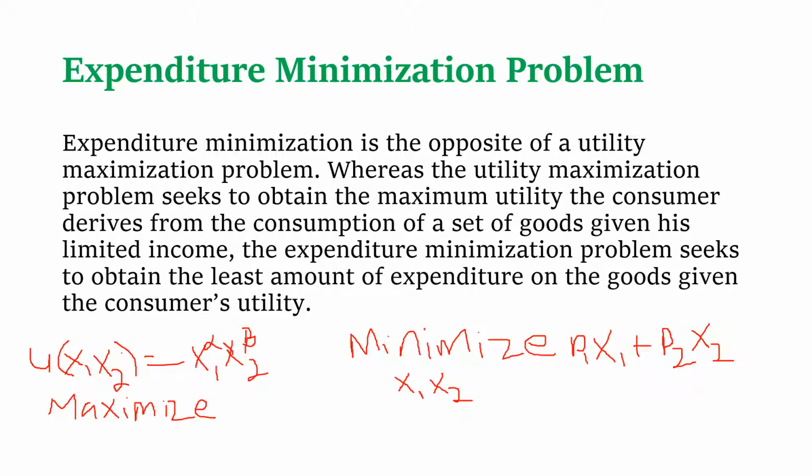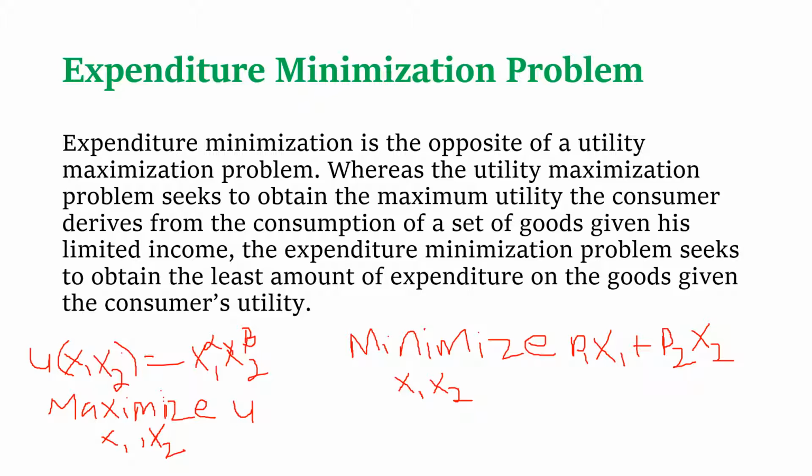This is like drinking a cup of tea, man. I'm telling you, it's like drinking a cup of tea. Maximize x1, x2. I'm telling you, I'm really good at this one. Maximize x1, x2. What?